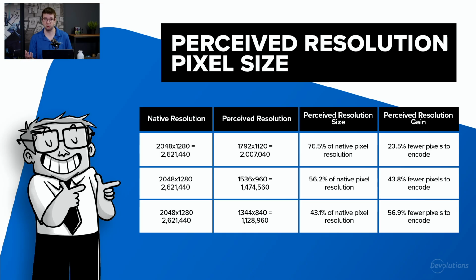I have 23% less to encode before I even start compressing anything. But if I go into higher densities, I can go from 43% fewer pixels to encode, or in the best case scenario, almost 57% fewer pixels. But if you connect again with a standard VNC client, you will get 100% of all those pixels. So that's more than twice as fast.